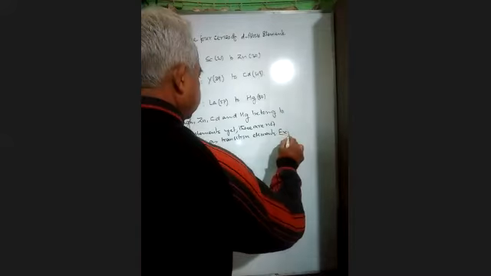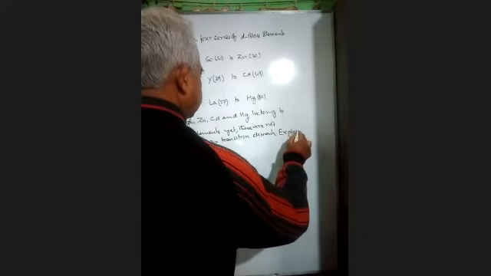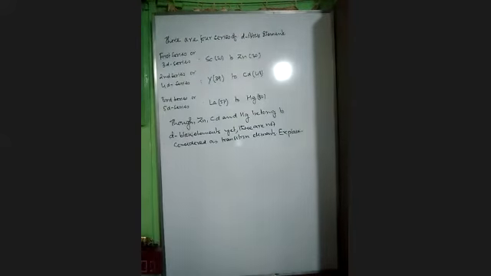Explain. So what should we write now? What is the definition of transition element? They must have unpaired electrons. So what is the answer?